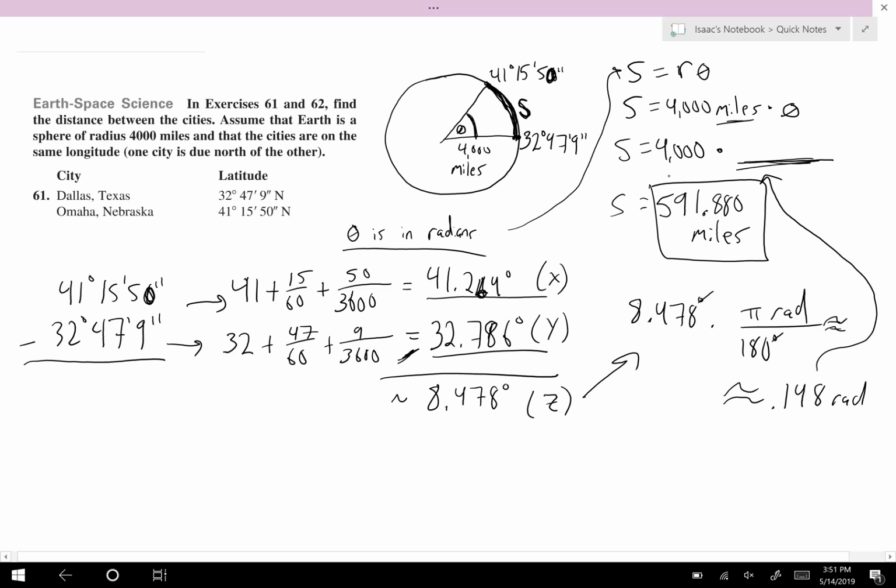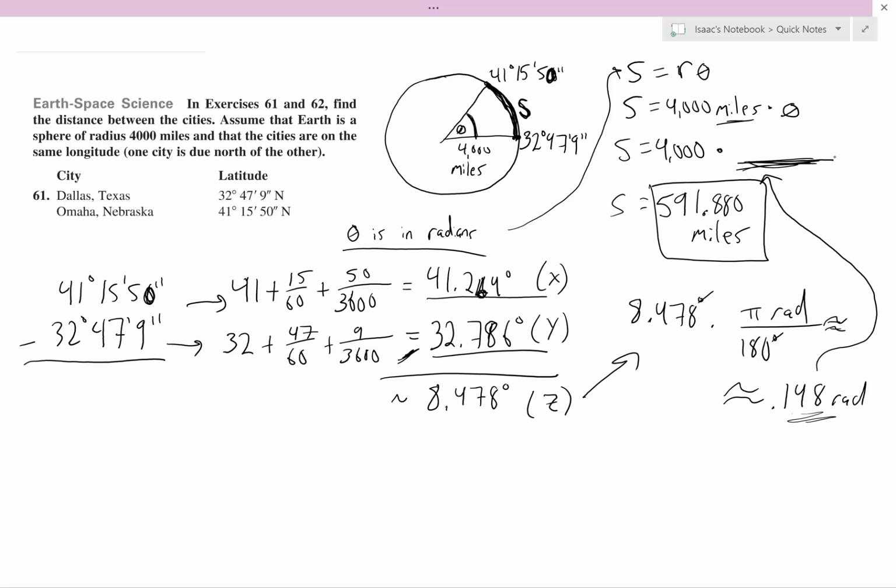So the distance between the two cities, keeping an exact answer all the way to the very end. This is the only one I really rounded. I kept these exact by storing those in my calculator and using this exact in the calculator here. 591.88.